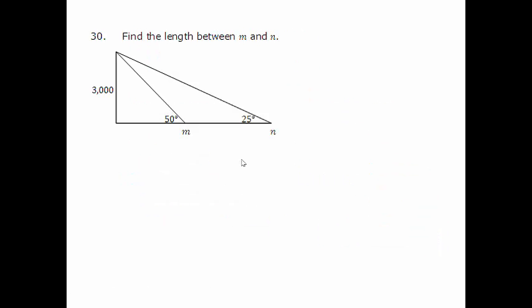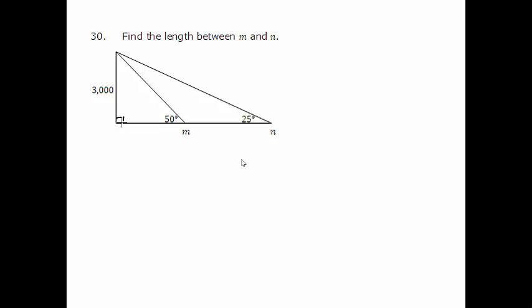On number 30, we're asked to find the length between M and N, and they're given as a diagram. One thing that's not shown here is that this is in fact a right angle. So we're going to be using trig to find this distance. I'm going to look at these as two different triangles.